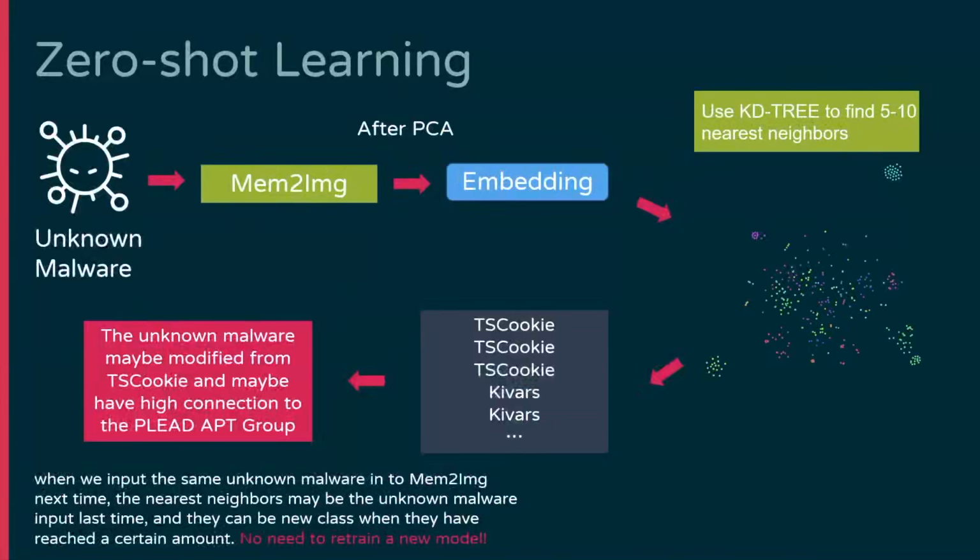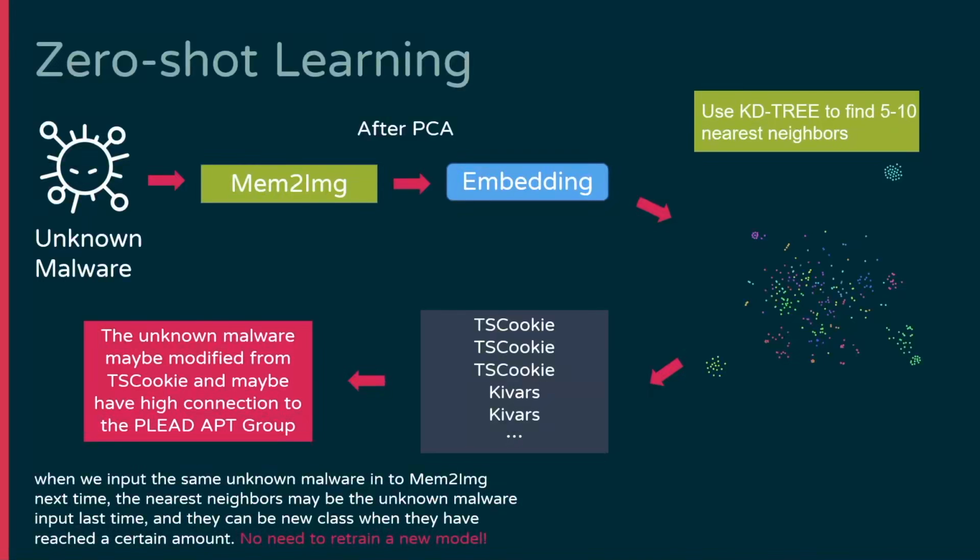And when we want to detect unknown malware that wasn't in the training classes, we can use zero-shot learning, which also uses Mem2Img to extract embeddings and then uses a KD tree to find 5 to 10 nearest neighbors in our dataset.